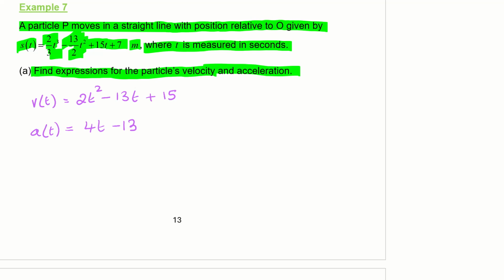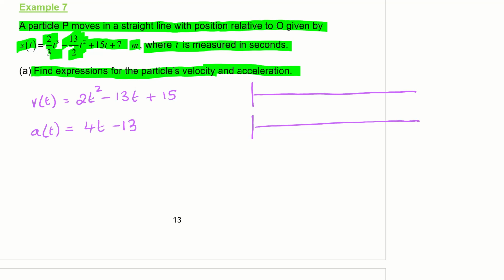Now it's not asked for, but let's have a look at a sign diagram for each of those. So where might it change direction? Well, when v is equal to 0.